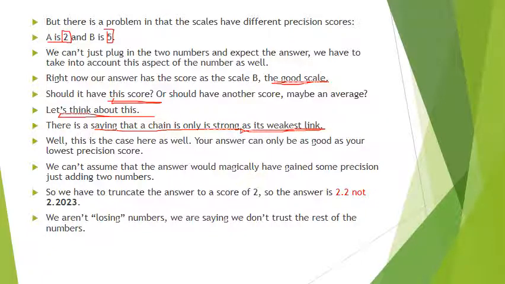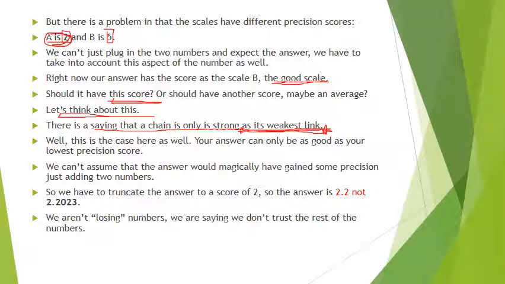You can't give the score of your relay team to your fastest runners. Right? You have to give it to your slowest runner. Okay. And that's what's going on here, that we're only as good as our slowest, our weakest link. And our weakest link is this A right here.